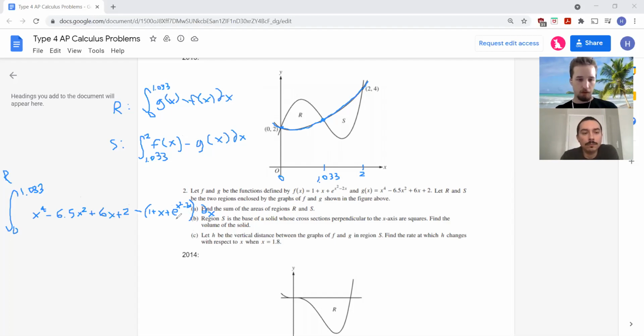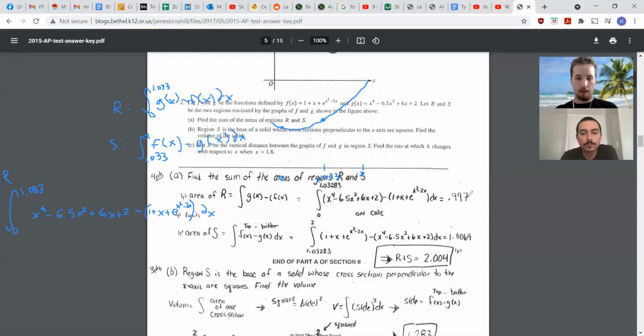Now, which you're going to have to do because this e to the x squared minus 2x is not going to really be easily solved with u-substitution. So this is, like I said, a calculator problem. And so the answer you get is 0.997 from putting this in the calculator.